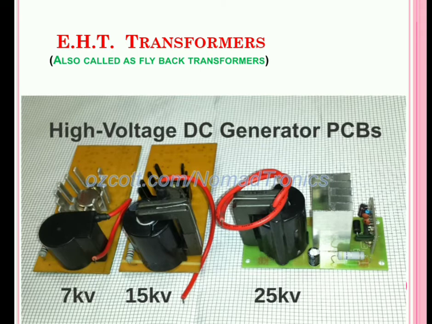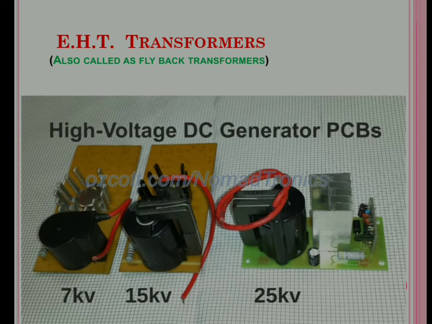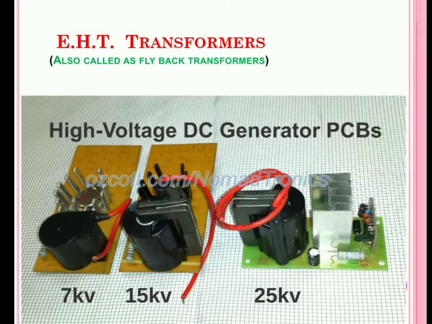So the faster the rate of change of current, the higher will be the voltage developed in the inductor. We use this principle for generating high voltage in these types of applications, and that's the reason why they are called flyback transformers. These are used in televisions and servos, as we have seen.